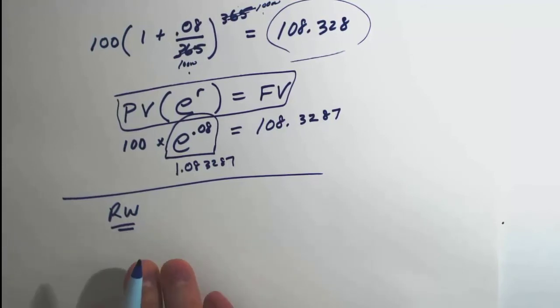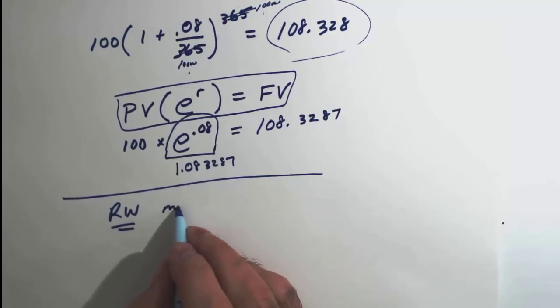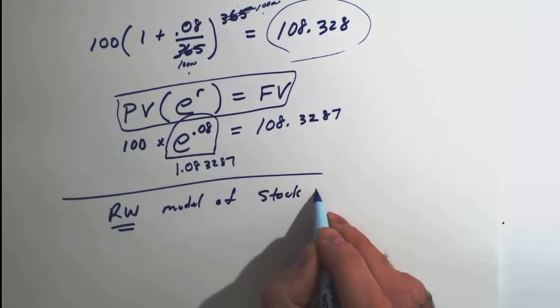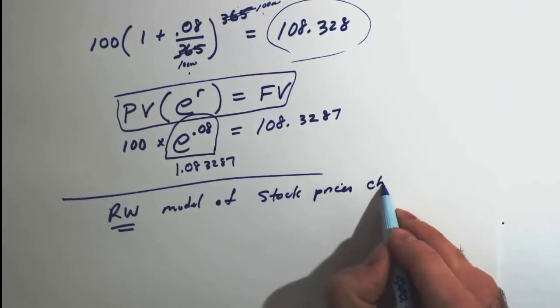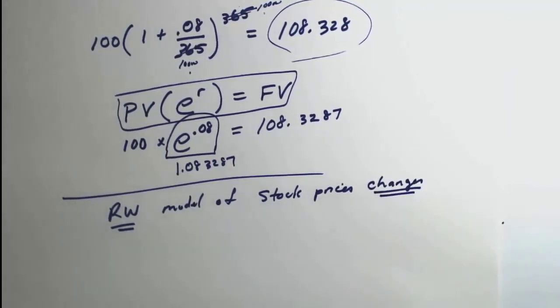Okay, and the random walk model of stock prices. That's slightly sloppy because we're looking at the random walk model of stock price changes. What follows a random walk is the changes in stock prices, not the actual stock price.